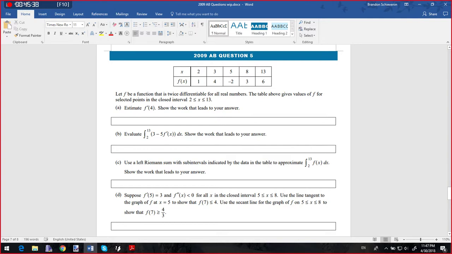So question 5, we have this table, and we're told that f is a twice differentiable function for all real numbers. The first thing they want us to do is to estimate the slope at x equals 4. Okay, so I don't have a point for x equals 4, so how could I estimate the slope?